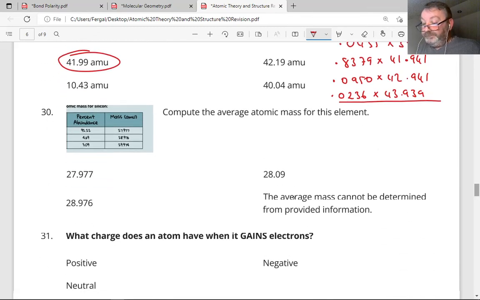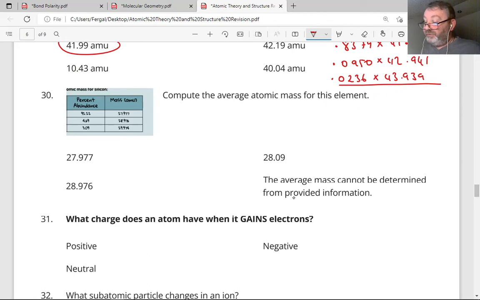Good. Not another one, please. Compute the average atomic mass for this element. Okay, here we go again. 92.22, so 0.9222.